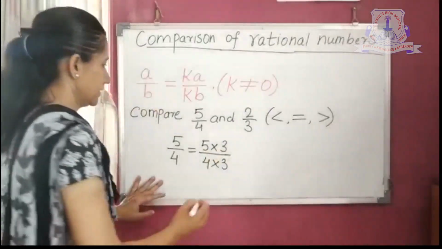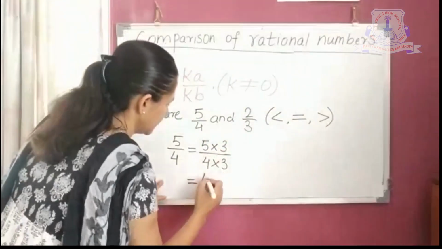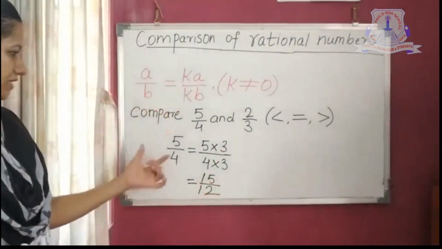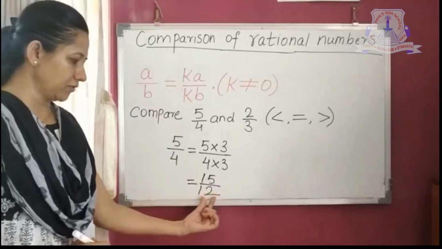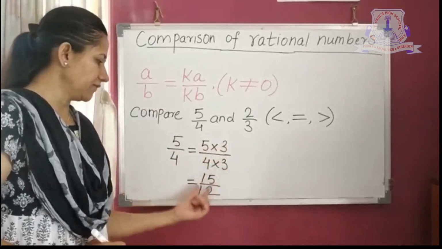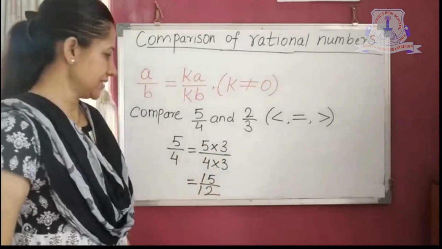So that will be equal to 15 upon 12. So this fraction is equal to 15 upon 12, where I have multiplied by constant 3. So the value of 15 upon 12 will be the same as that of 5 upon 4.